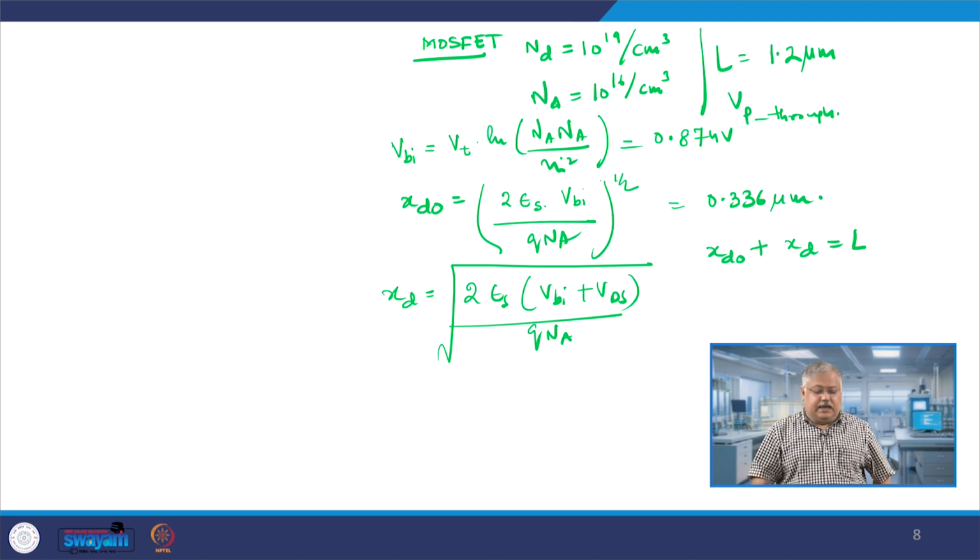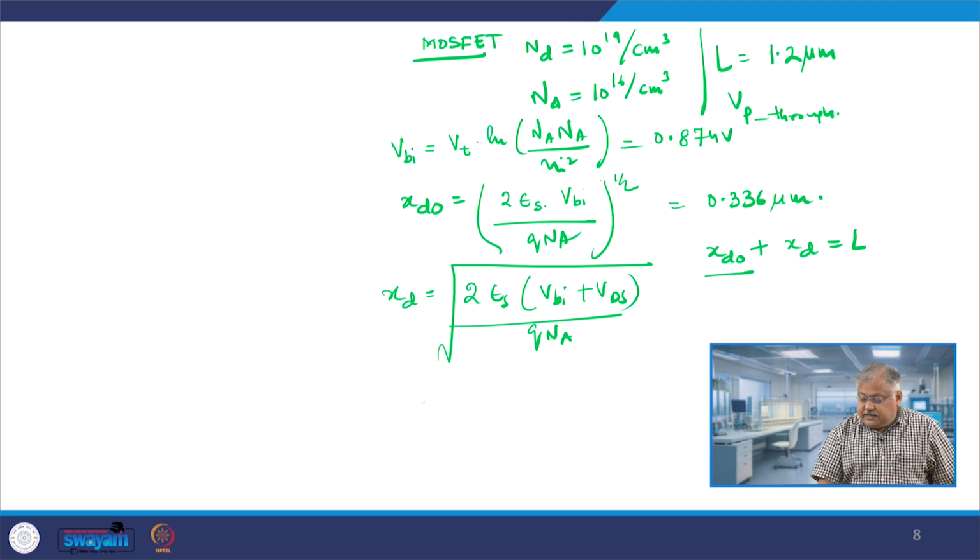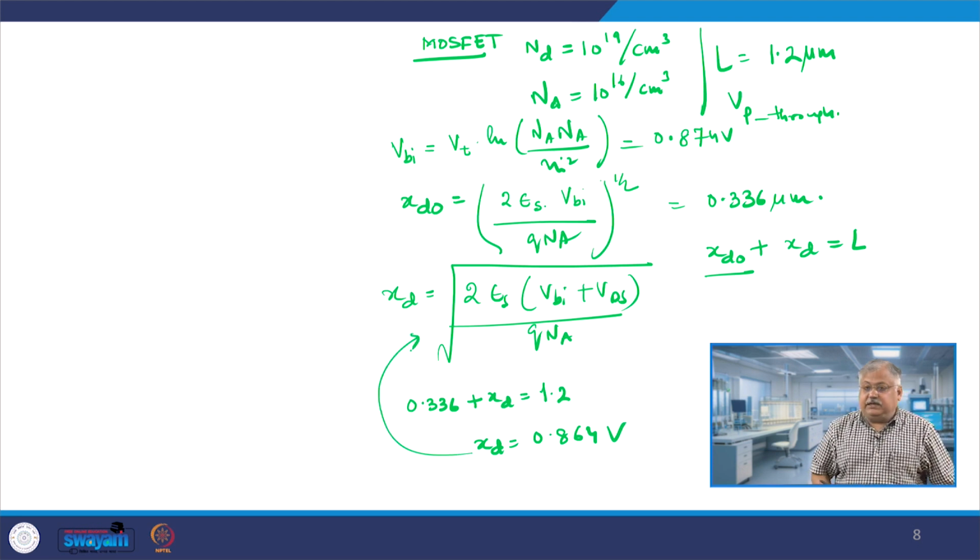So, xd0 we have found out to be 0.336, and this should equal 1.2 micron, because L is equal to 1.2. Therefore, xd happens to be equal to 0.864.